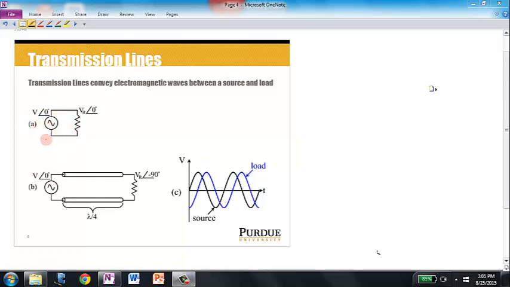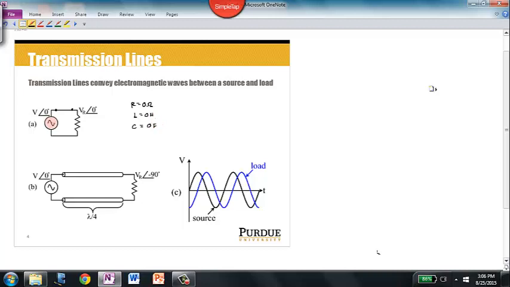In conventional electronic circuits, the wire that connects a source to a load, so what we would call a wire connecting from here to here, is assumed to be ideal. And by ideal, we mean that they have the following properties: the resistance of this wire is 0 ohms, the inductance of the wire is 0 henries, and the capacitance of the wire is 0 farads.